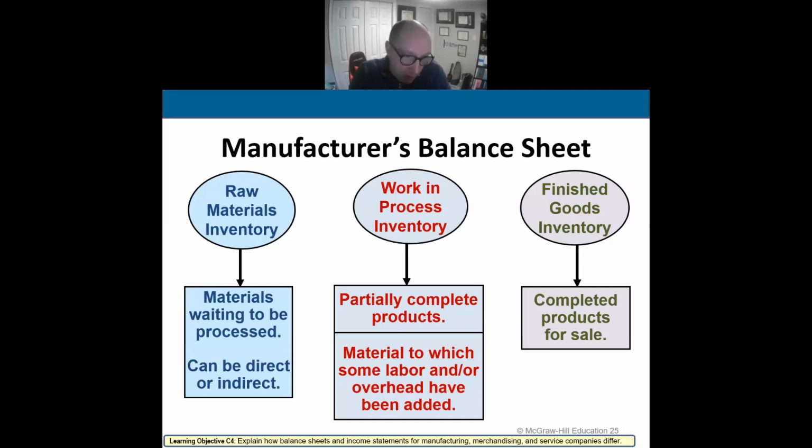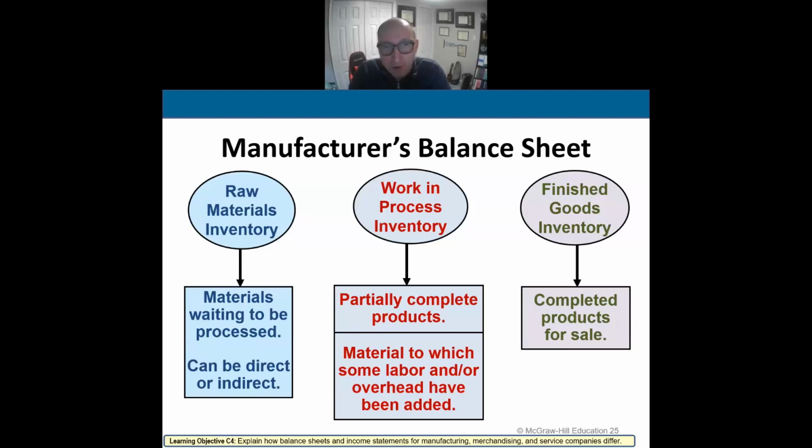They make up the majority of the cost, and we can directly trace them to the product. We might also have some indirect materials like glue, paint, oil. These are indirect materials. They make up the smaller cost. They're indirect.